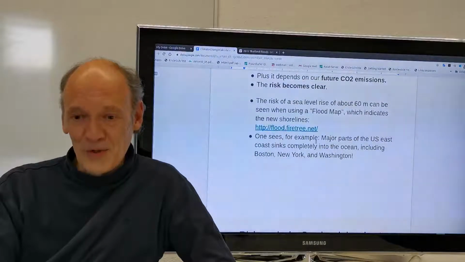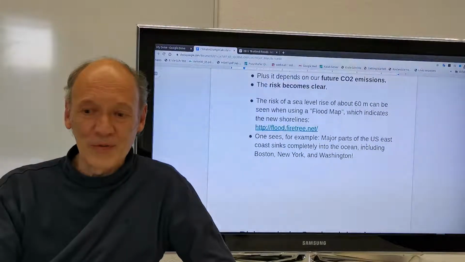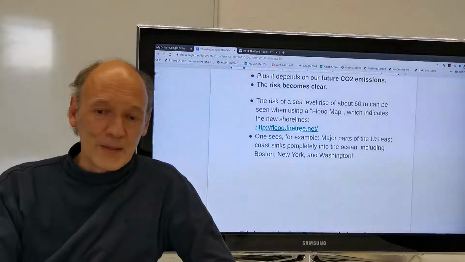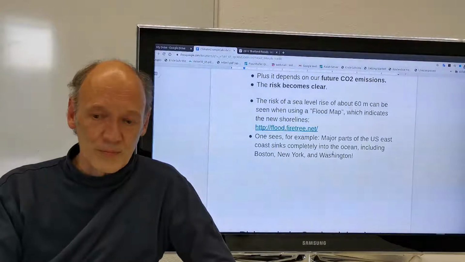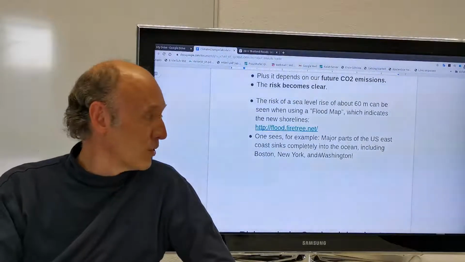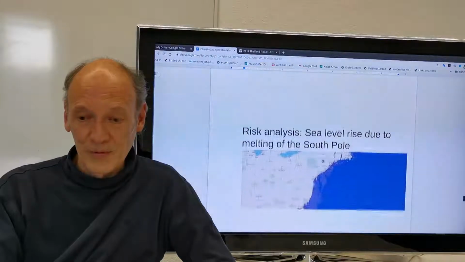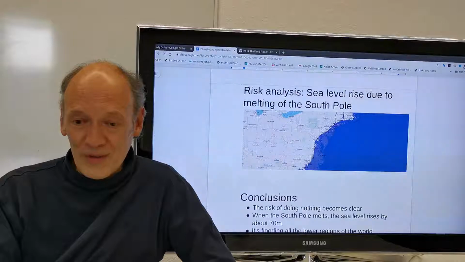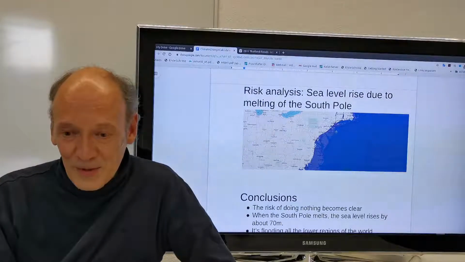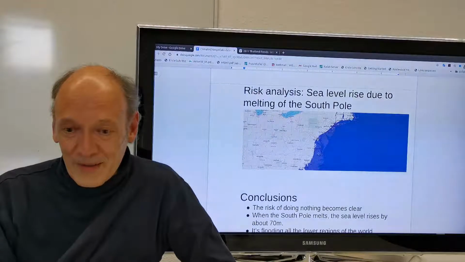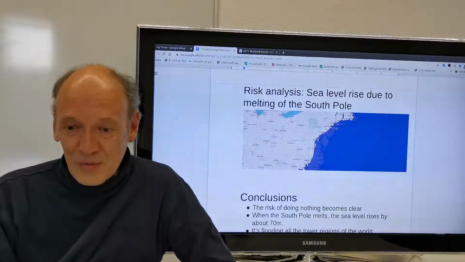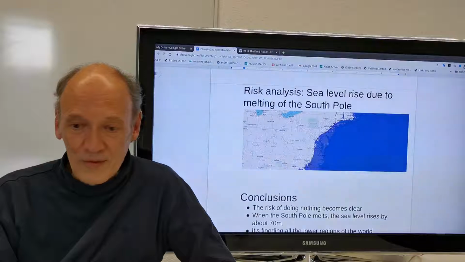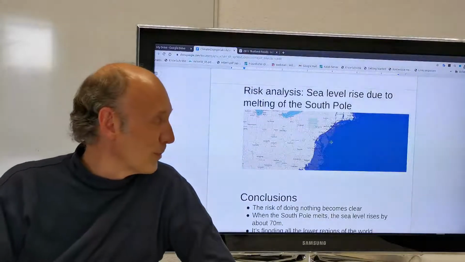When we do that, we see, for instance, that major parts of the US East Coast completely sink into the ocean, including Boston, New York, and Washington. So this is what you can see here. Here you can see the new coastline, and you can see here you have New Jersey, Pennsylvania, basically the entire East Coast up to the Appalachian Mountains is then part of the ocean.